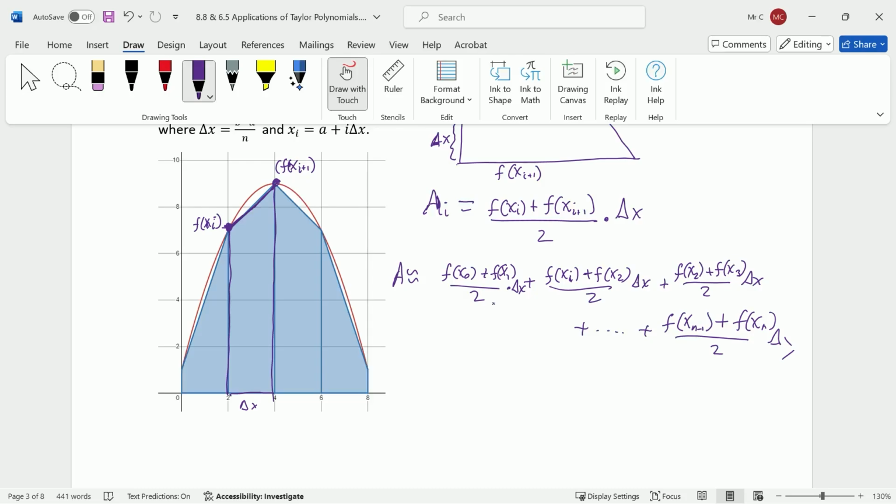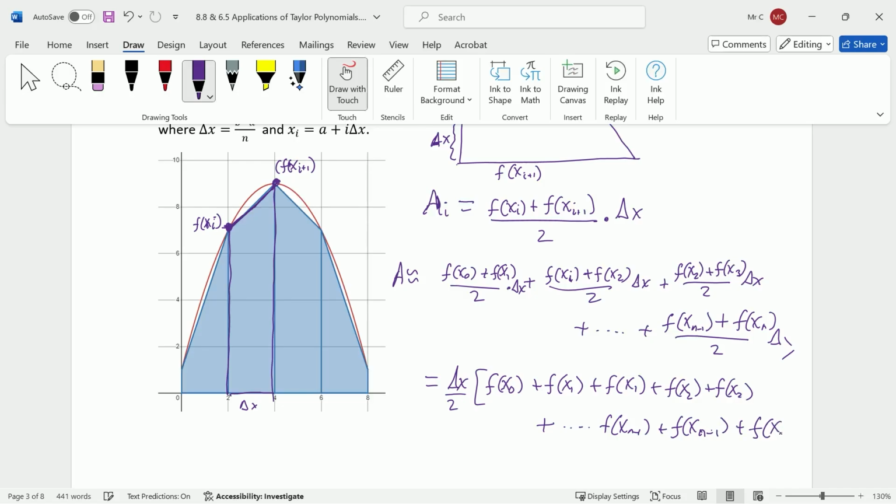And so now I can factor out the 1/2 and the delta x, and I get delta x over 2 times f of x naught plus f of x1 plus f of x1 again plus f of x2 plus f of x2 again plus ... And what we see at the end here is that every term will show up twice in this sum except for the first and last term.